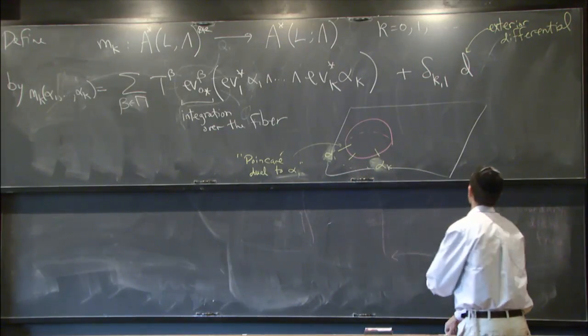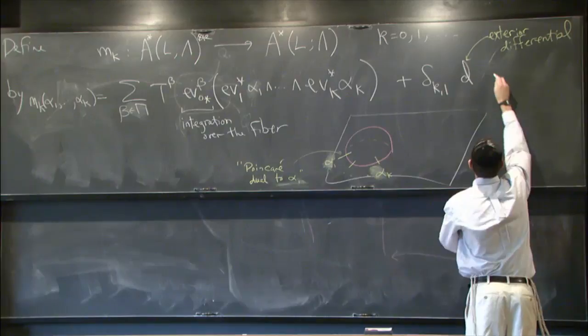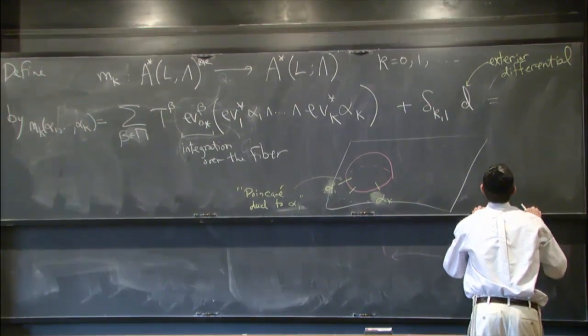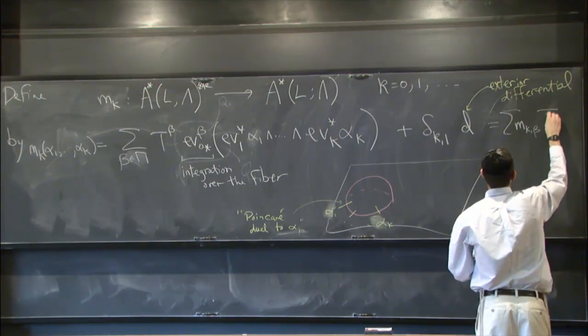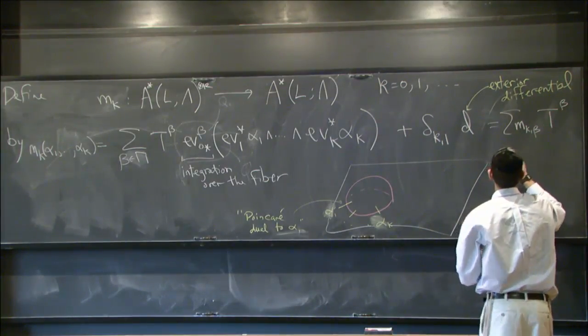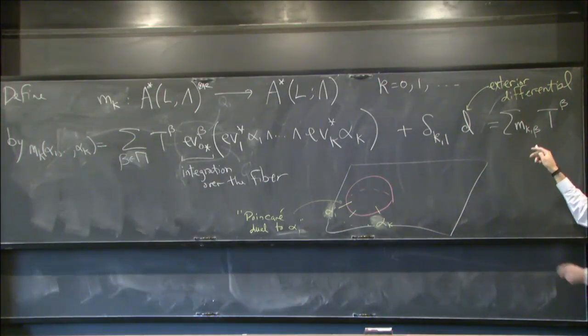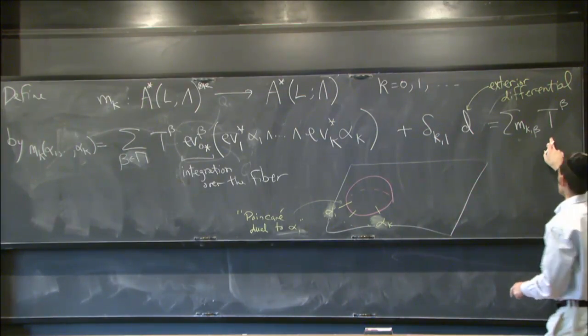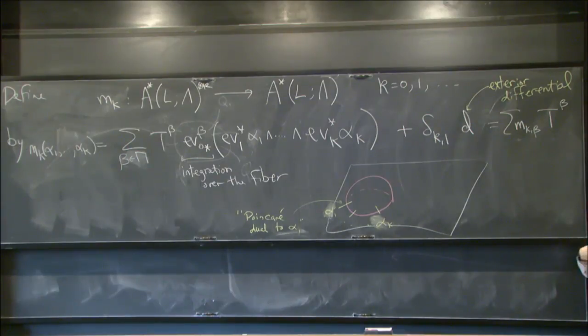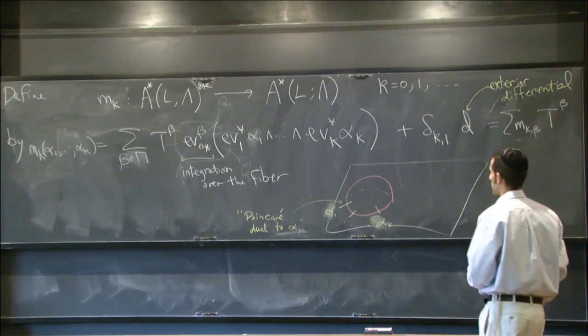Okay, let me just be a little bit more concrete here. So I'm going to just write this as the sum of m k beta t to the beta. So this is the way of defining m k beta. I'm going to break down the m k into a bunch of little summands, which remember the degree of the maps involved.